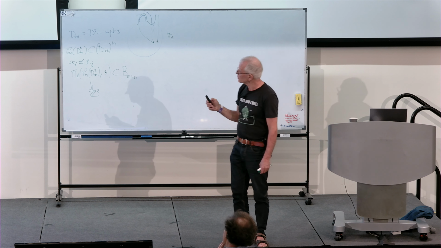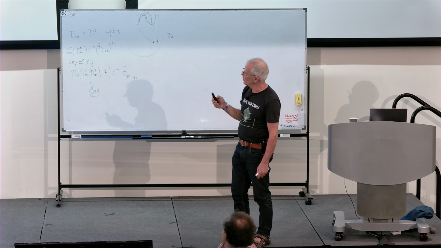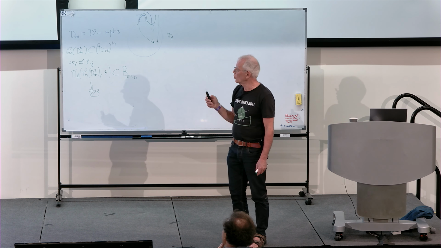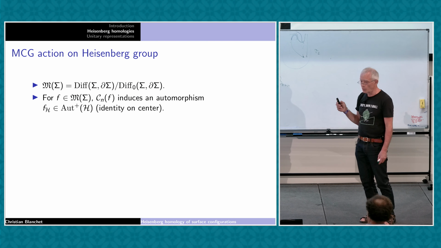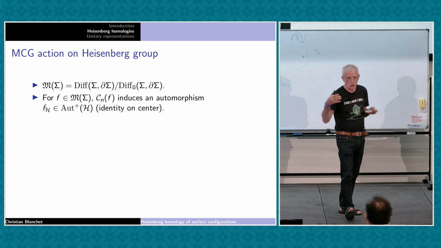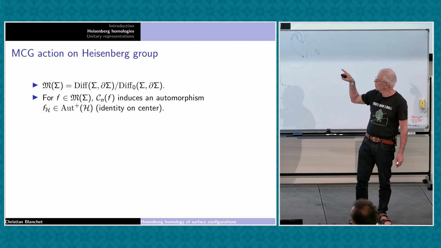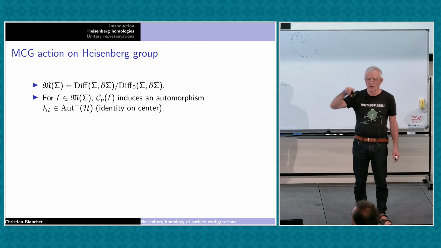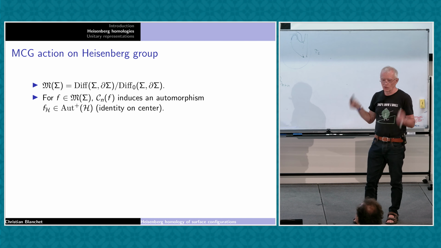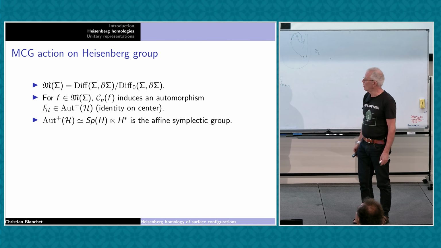And then we claim that we have an induced map on the automorphisms of the Heisenberg group. You have automorphisms of the Heisenberg group as a group, and I put a plus for the automorphisms which are identity on the center. So u goes to u, and in our case we can check that u goes to u. I'm quick.